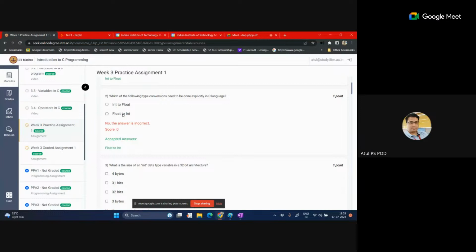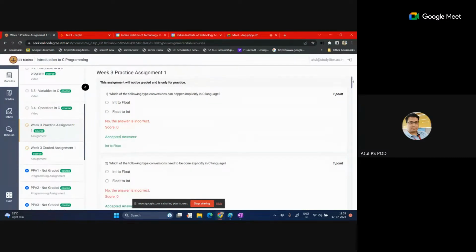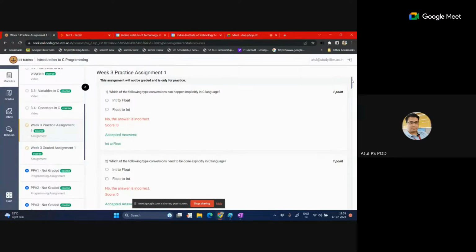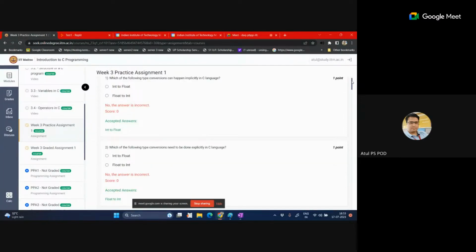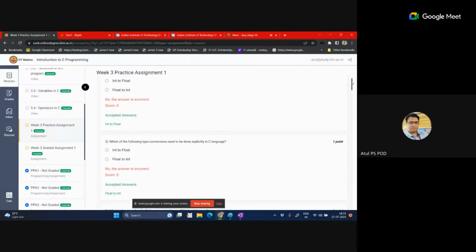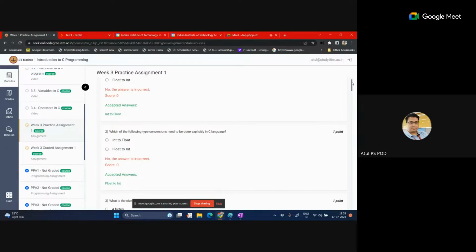The previous question is similar: which is done implicitly, int to float, and explicitly, float to int.